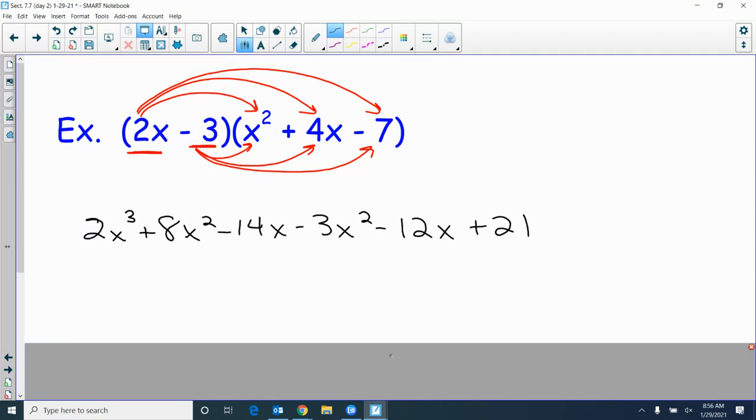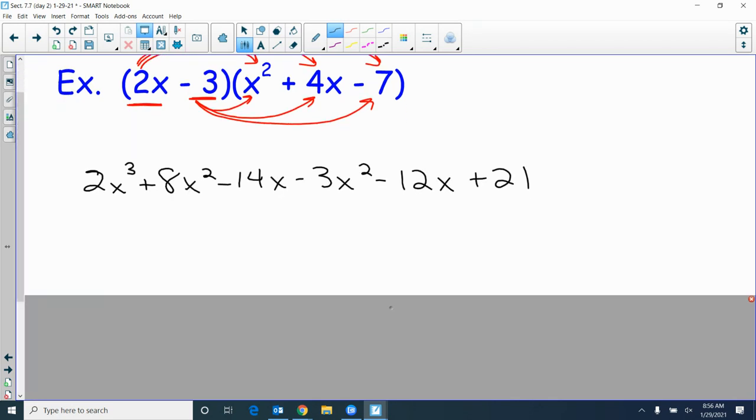And now you're not done, because you have to combine any like terms, and we have to put it in order. What's the highest degree we've got? X to the third. Is there anything else with an x to the third? No, so that's going to go first. Now you look for anything with an x squared. I have two of them. What is 8x squared minus 3x squared?